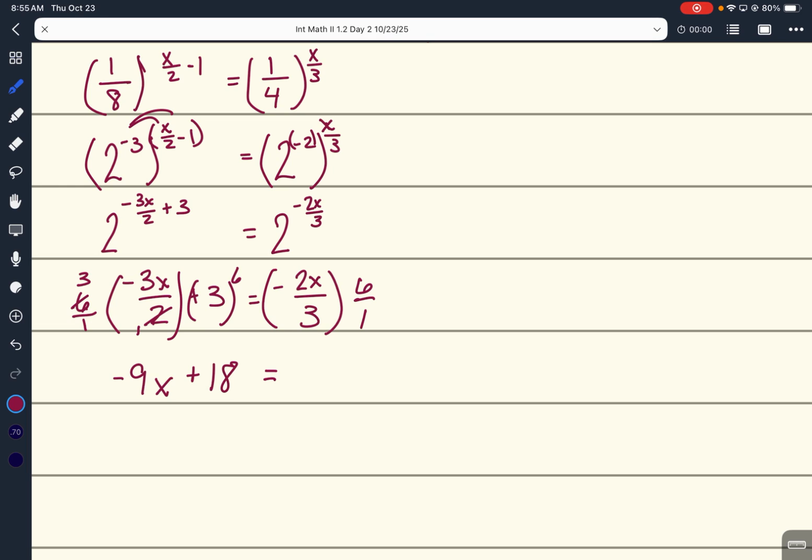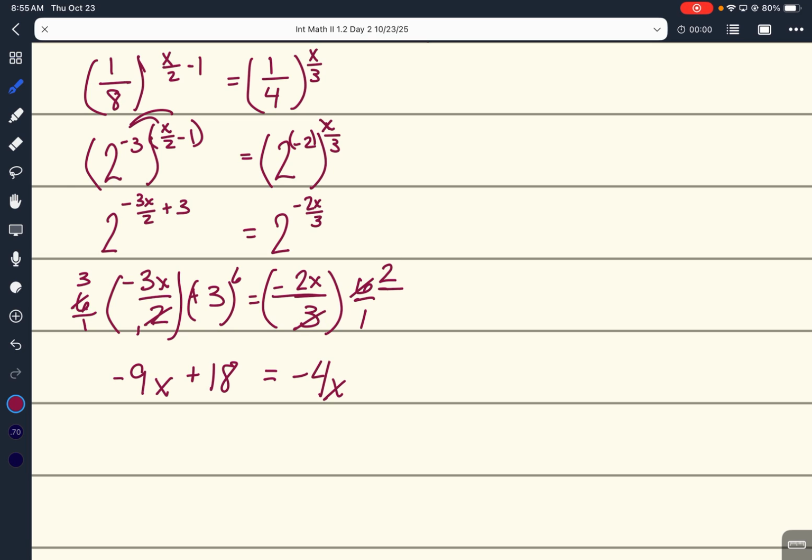Okay. And then on the right-hand side, 3 goes into 6. How many times? 2. And then negative 2x times 2 gives you, negative 4x.